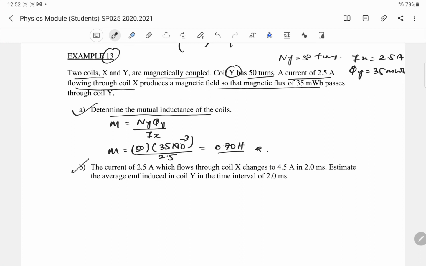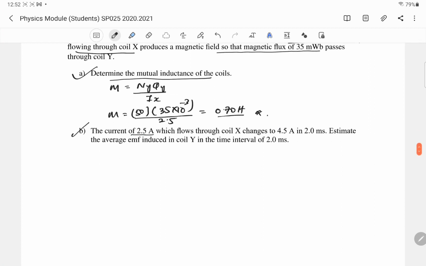Okay, B, the current of 2.5 ampere which flows through coil X changes to 4.5 ampere. So IX initial is 2.5 ampere, IX final is 4.5 ampere, and the time is 2 millisecond.